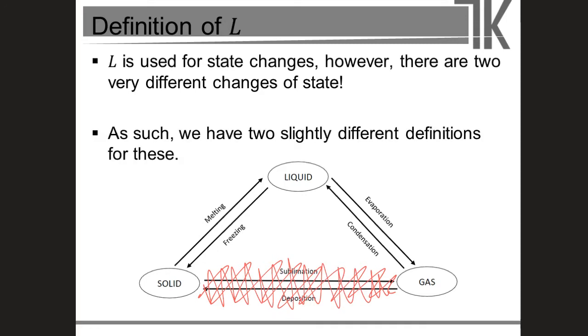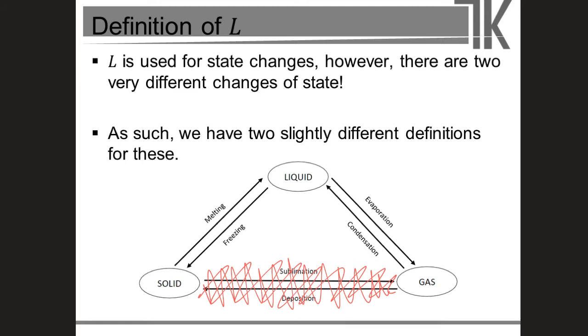So because we have these two very different state changes, we've got melting and freezing, and then we've got evaporation and condensation. So we're going between a liquid and a solid, or between a liquid and a gas. We've got two very different definitions for L, or specific latent heat. Now when we go from a solid to a liquid, we're breaking bonds, we're putting energy in to break those bonds.